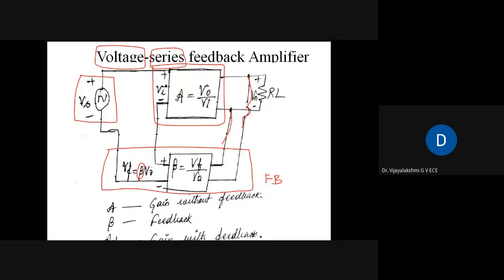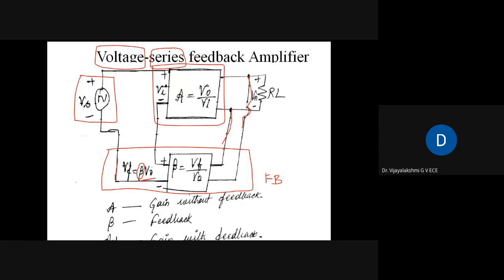So the output voltage is V0, right? What portion of V0 is fed to the input source? Beta times V0. That's what I told. Beta is the feedback factor. So how much of V0 is fed back to the input? Beta times V0 is fed back to the input. And that beta times V0 becomes the feedback signal, and that is indicated by VF.